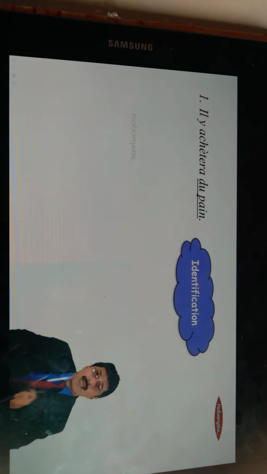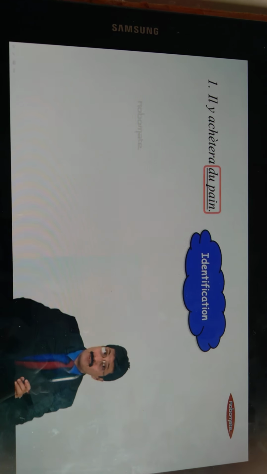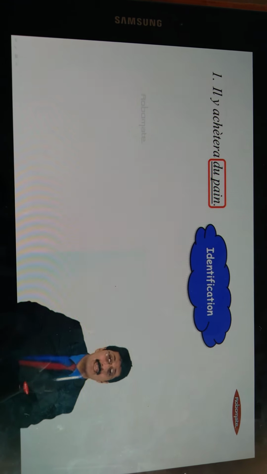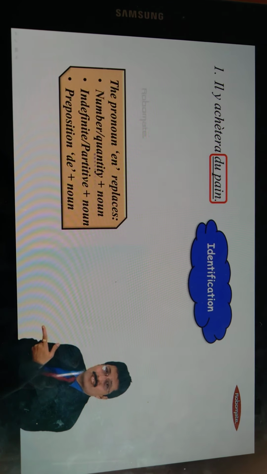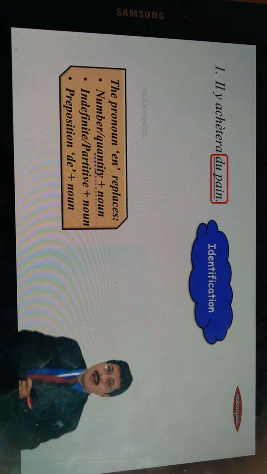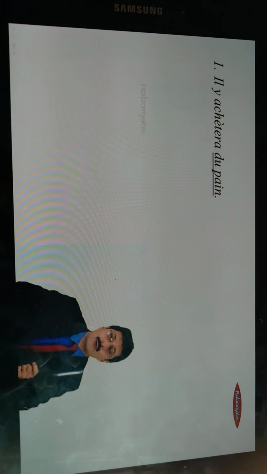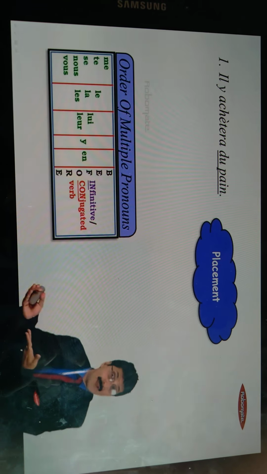Let's look at the first sentence. Il achètera du pain. Du pain. Identification. It cannot be y. Why? Because it is very clear, indefinite or partitive article plus noun has to be replaced by the pronoun en. Placement. Here we are, my friends.